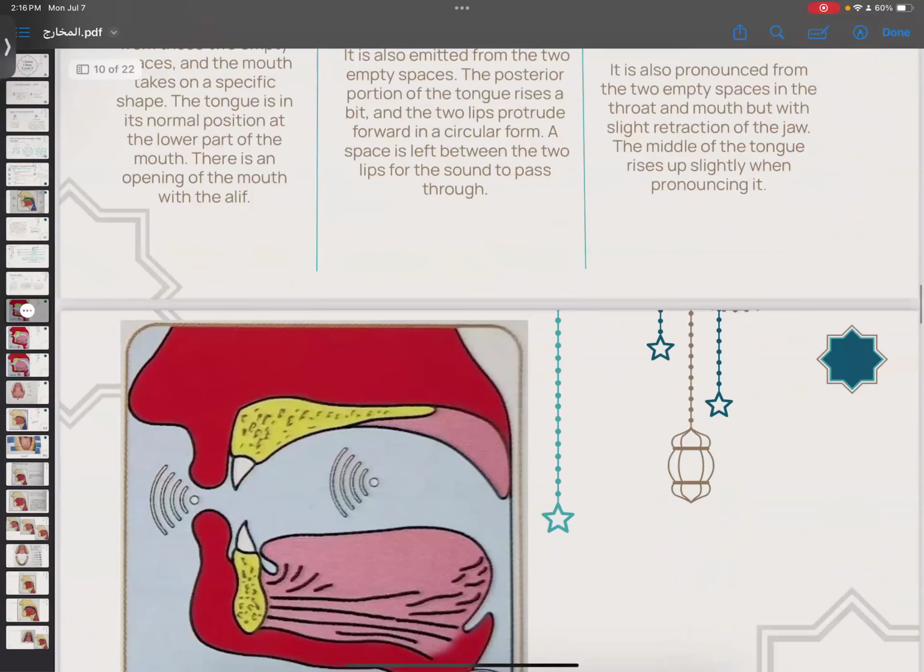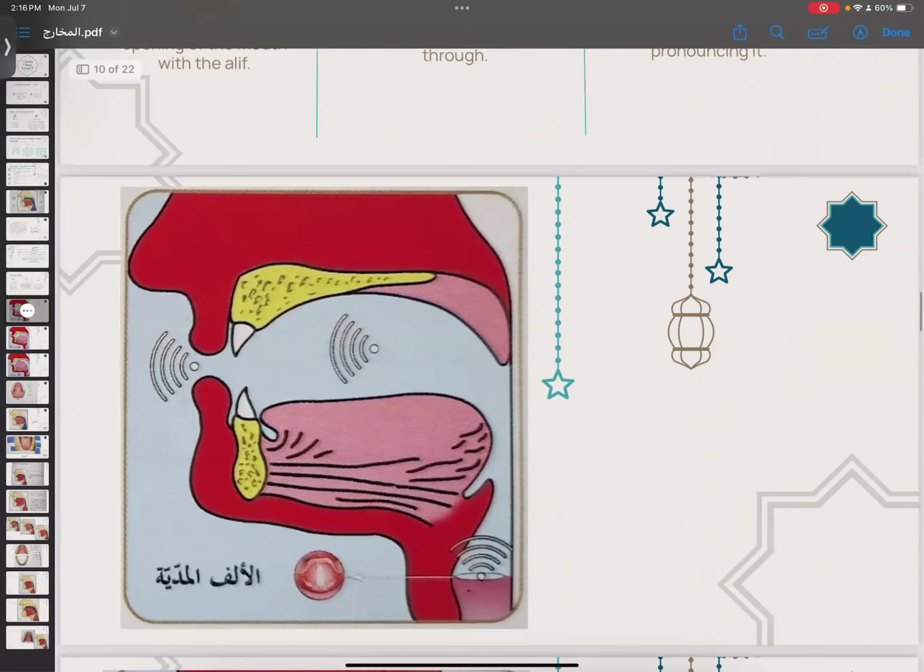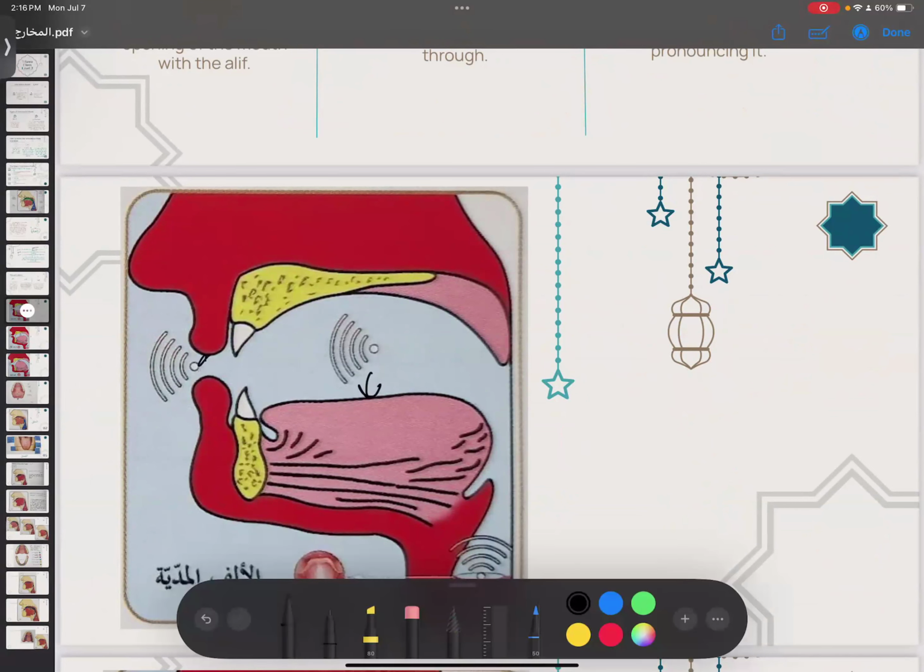Alif. See, here's a picture of how your mouth will look when you pronounce al-alif al-maddiya. So your tongue is pushed down. There's some space here between your lips, and the sound starts by the halq and it travels out.